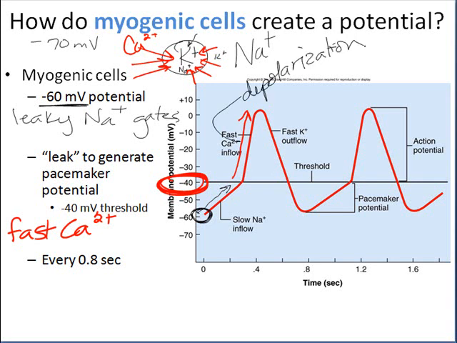of that myogenic cell. When we get up to around 0 or so millivolts, then those fast calcium gates close and fast potassium gates open. And as potassium rushes out, the cell becomes more negative. We get repolarization.